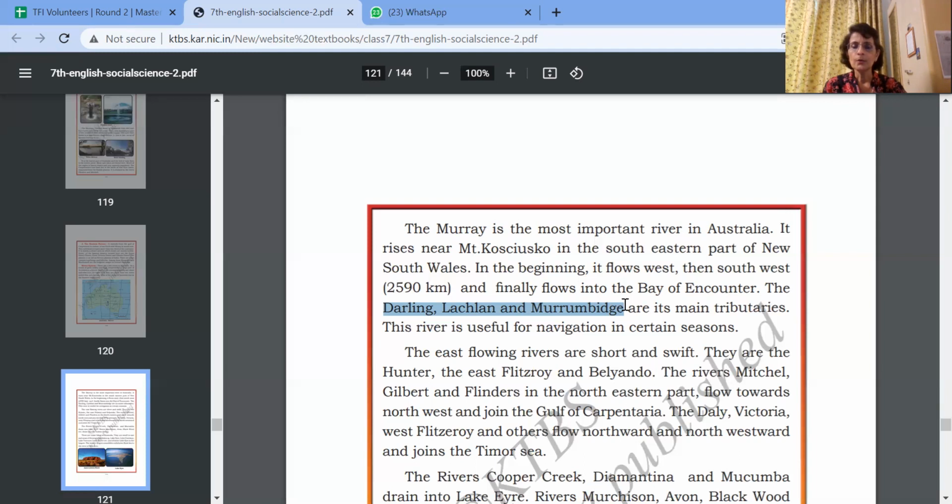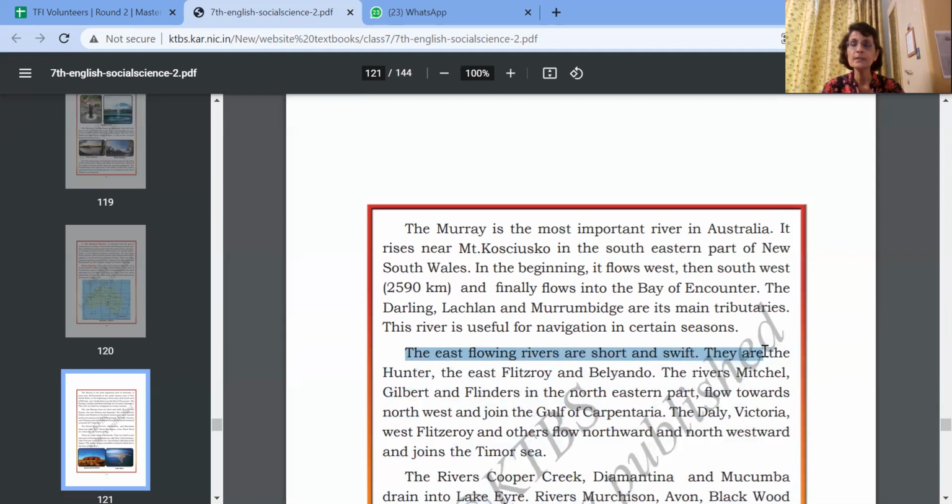Now, there are these rivers which are east flowing. The east flowing rivers are short and swift. They are the Hunter, the East Fitzroy, and the Belando. So these are some examples of the east flowing rivers. These are just facts, beta. You just have to learn these. The east flowing rivers are short and swift.